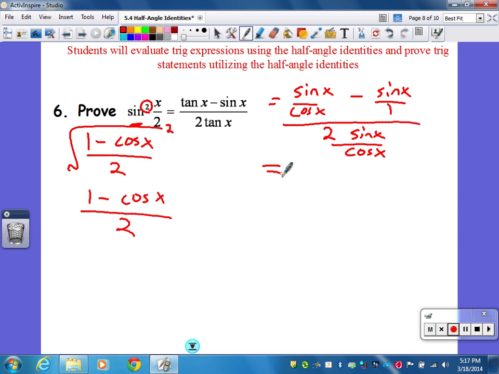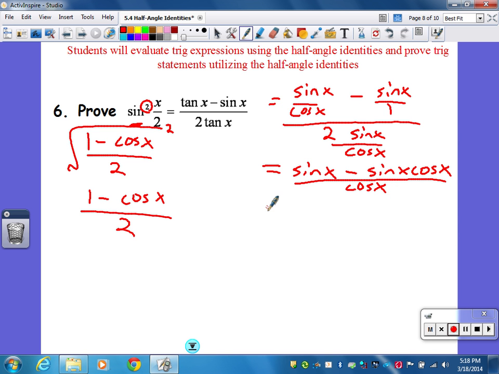Okay. Here's where it starts getting a little bit tricky. Like I said, we need to have common denominators. So we have sine x. If we get common denominators, we get sine x minus sine x cosine x all over cosine, because that would be our common denominator.